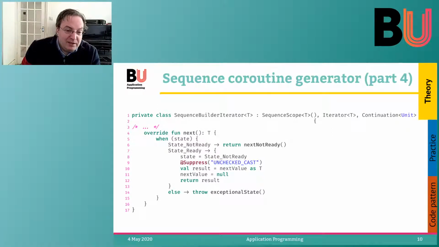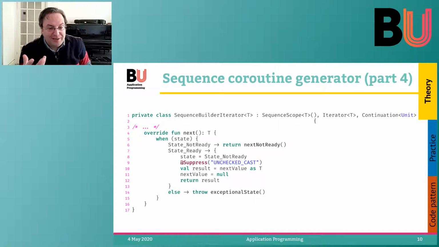We get the next value. We need to do a cast to T, because remember, next value was a nullable T. We know that the value cannot be null, or maybe if T is a nullable type, it could still be null. But we need to have the ability to store null, because sometimes it doesn't have a value, and it sets next value to null.